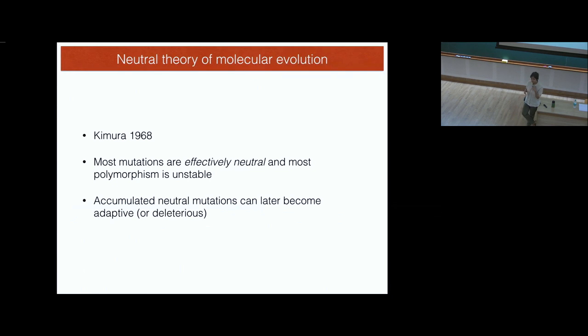Her work, with a bunch of models, suggested that the dynamics of nearly neutral versus actually neutral mutations are interesting and different from each other in terms of driving adaptation or selection and so on and so forth. We won't have time to go into the details of her theory, but that's the general summary of her work.